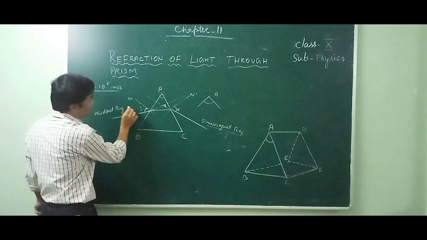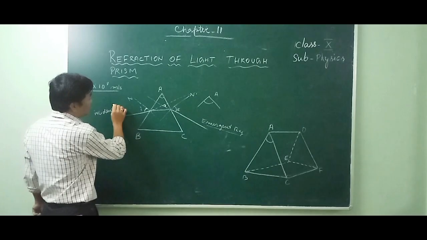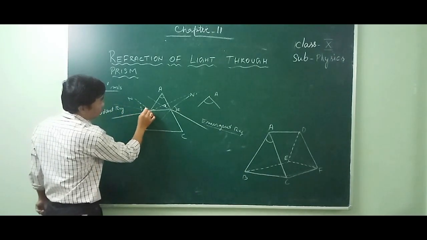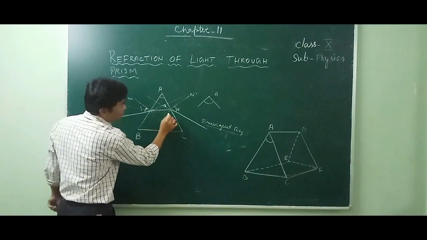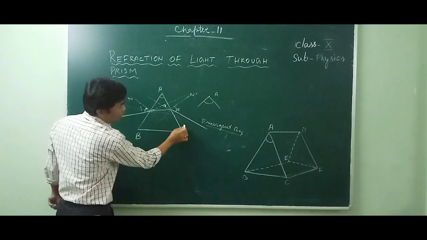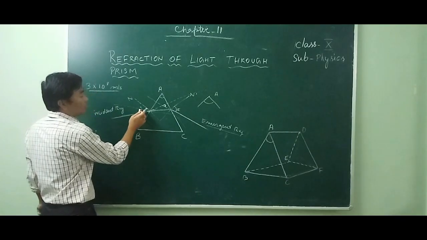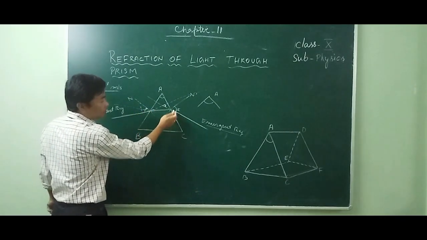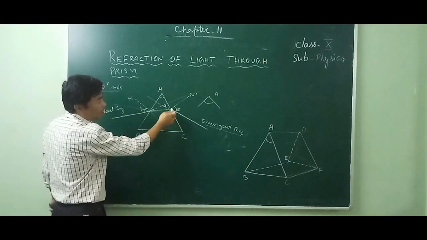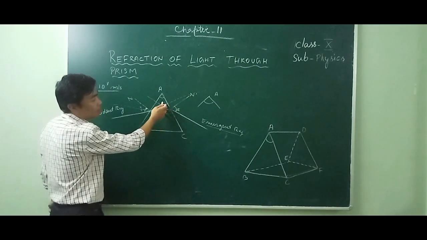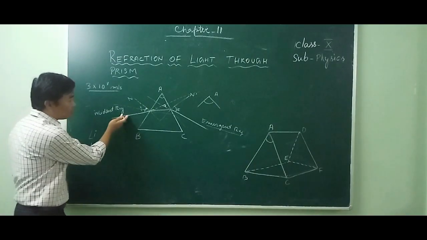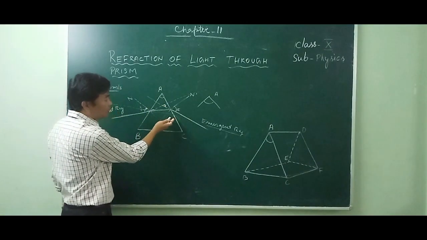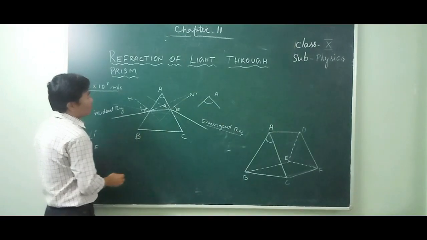Let's say we decrease the angle, and this is the incident ray with this small angle, and the bending of the light will be in such a way, like this. So the less the angle of incidence, the greater the angle of emergence and the angle of deviation. So if you change the angle of incidence, the angle of deviation is going to change.